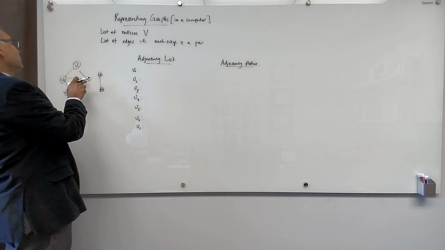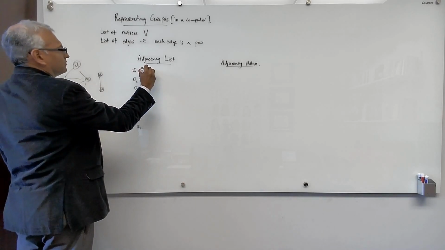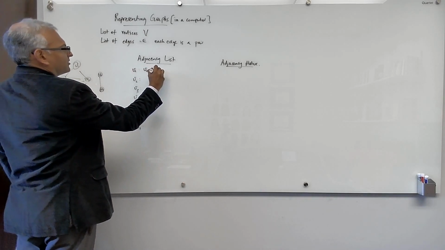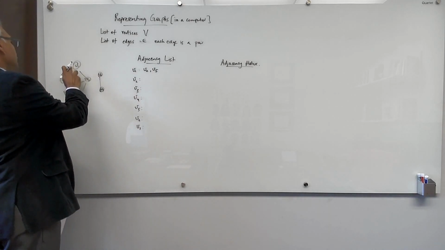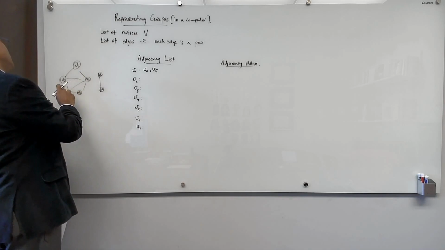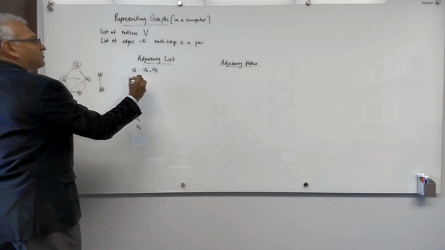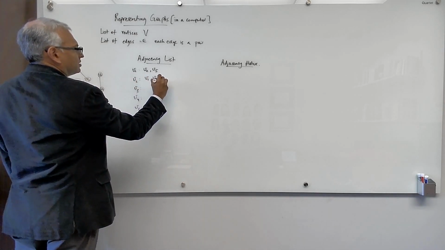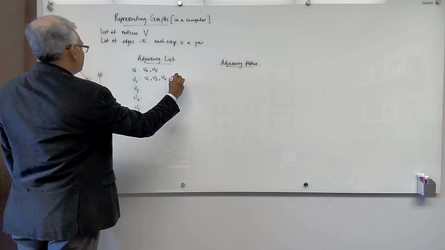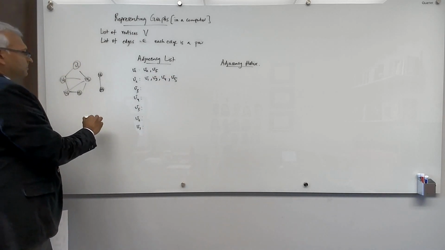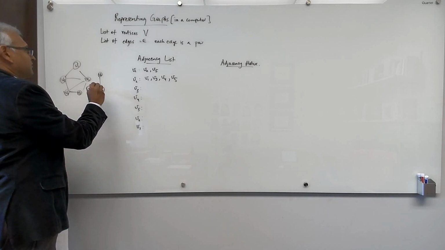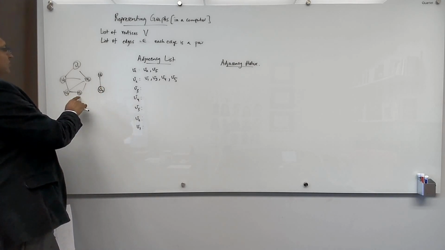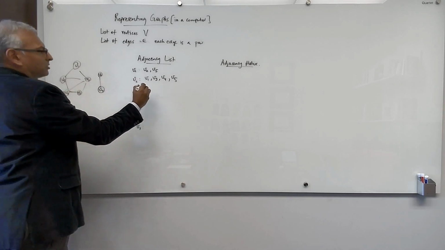V1 is connected to V2 and V5. V2 is connected to V1, V3, V4, V5. V3 is connected to V2, V4.